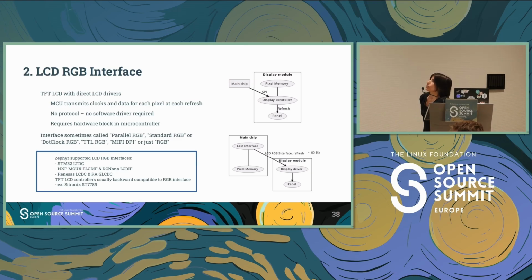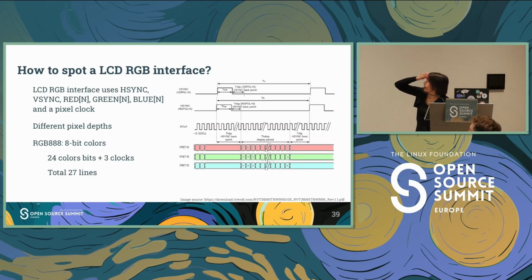Of course, it requires a hardware block in your microcontroller. It's not every chip that has it. And it's an interesting option for applications with lots of pixels or video. Since it has many names and there is no convention about how it's named, LCD or TTL or whatever, my trick to recognize it is just to look at the GPIOs that are used.